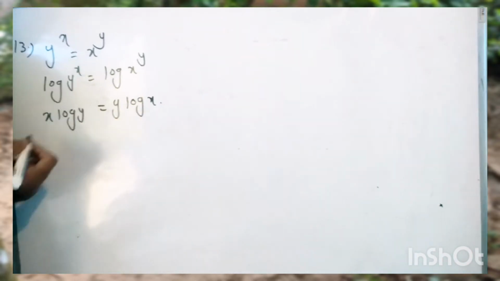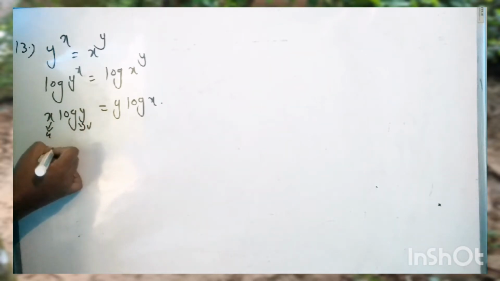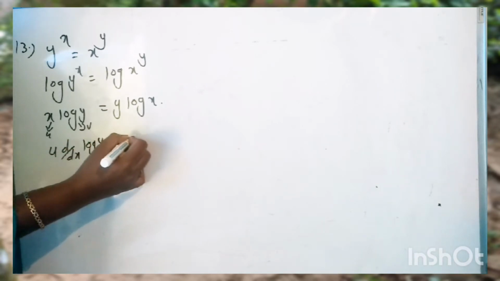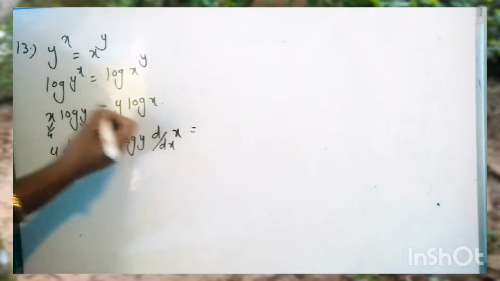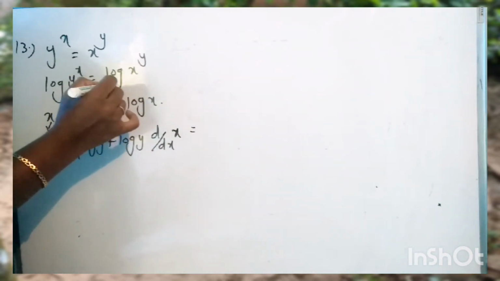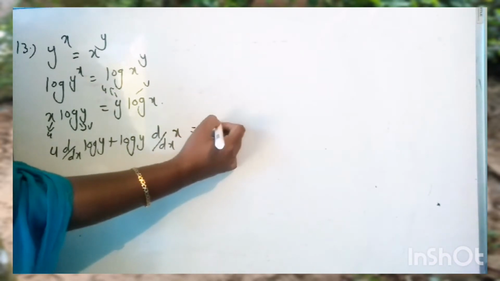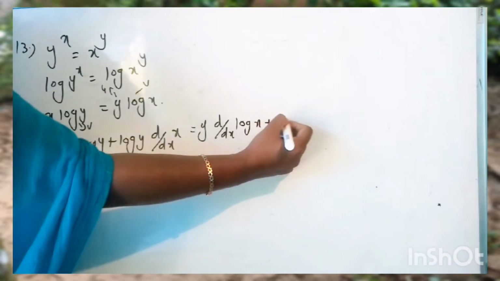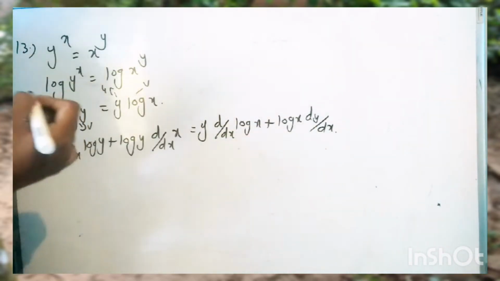Now apply the product rule. Then this is u and this is v in the LHS. So u into dy by dx of log y plus log y into dy by dx of x is equal to, now take u as y and v as log x, then y into dy by dx of log x plus log x into dy by dx.